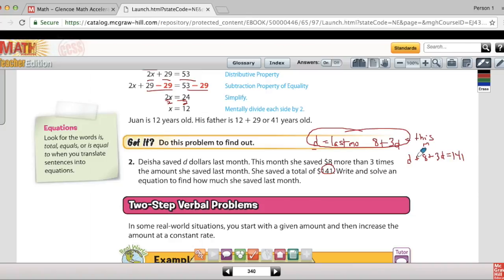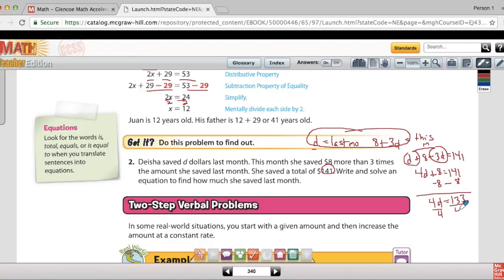This is a 3-step equation because the first thing we're going to do is combine like terms. 3D plus 1D is 4D, plus 8 equals 141, minus 8 from both sides, and we get 4D equals 133.